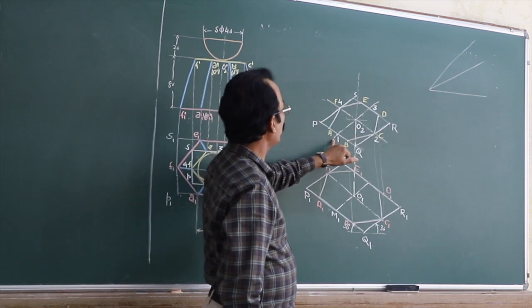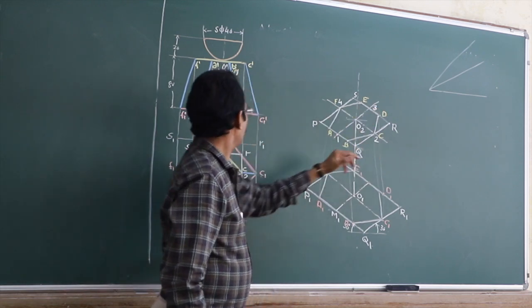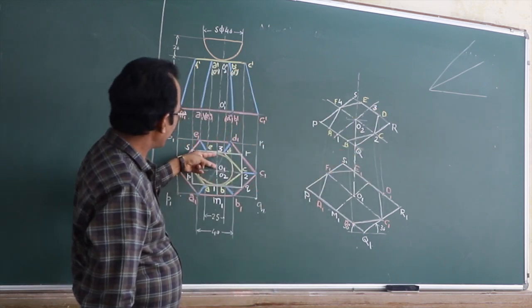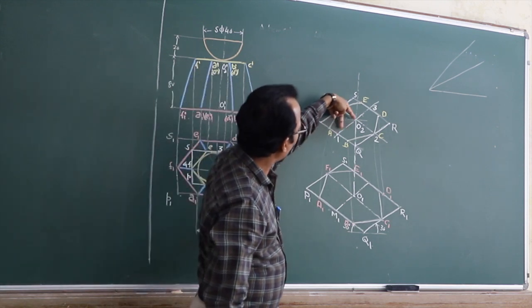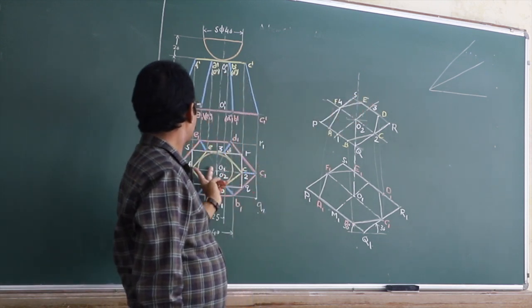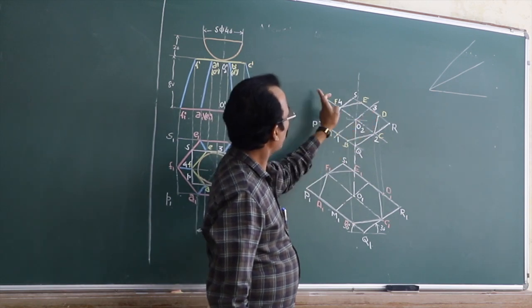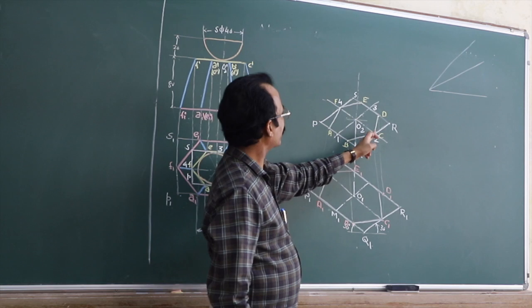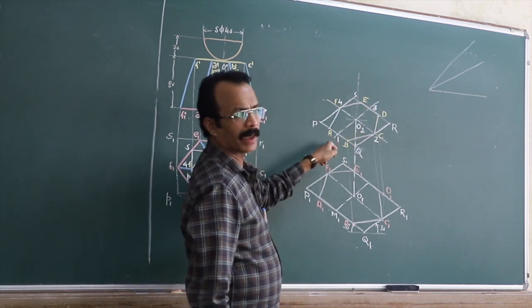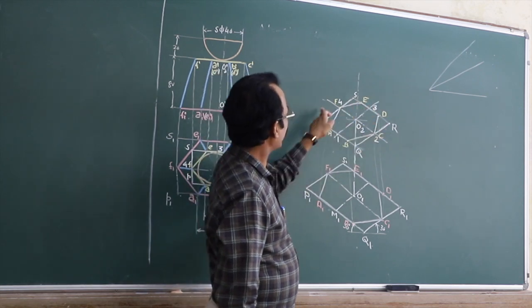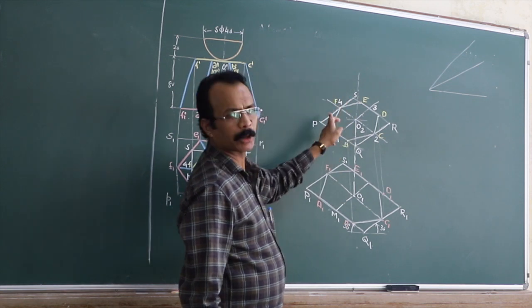Quickly I will repeat it. Draw two 30-degree lines, then from the center line take the appropriate distances and mark them. And this distance mark it here, and passing through 1 and 3 draw parallel to 2, 4, passing through 2 and 4 draw parallel to 1, 3. So you will get that rectangle and mark the 6 points on that.